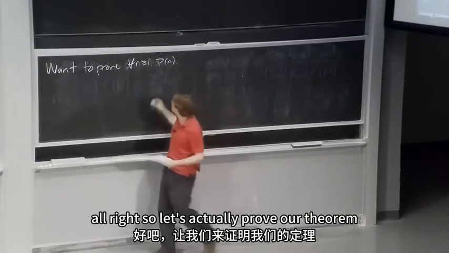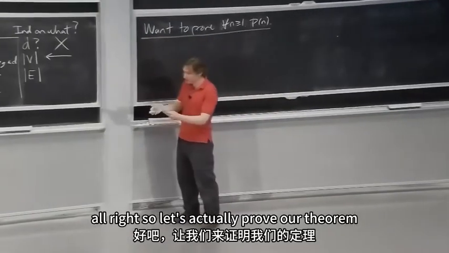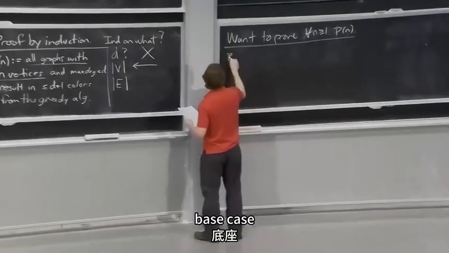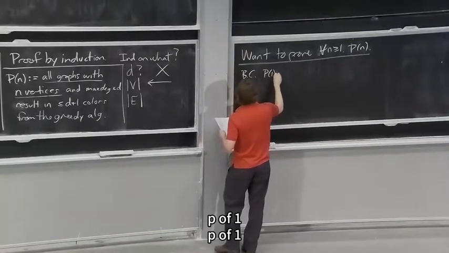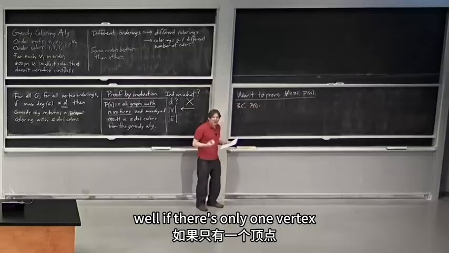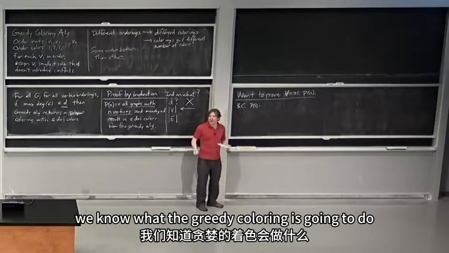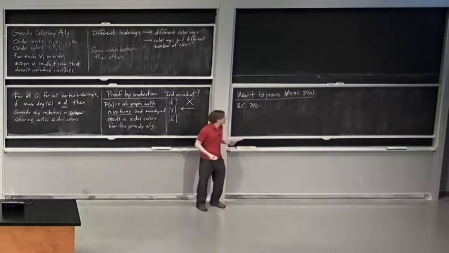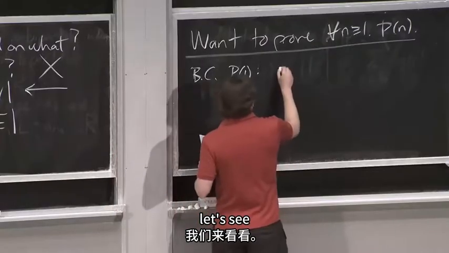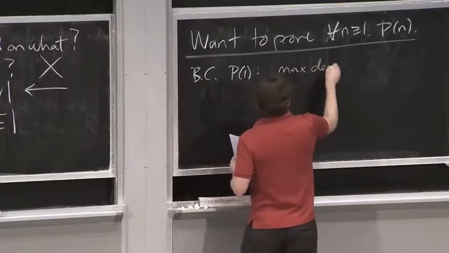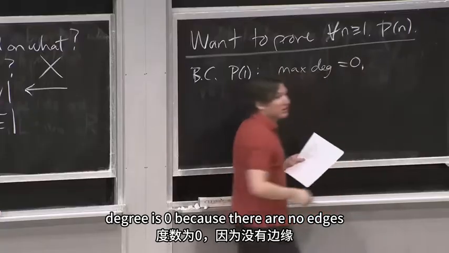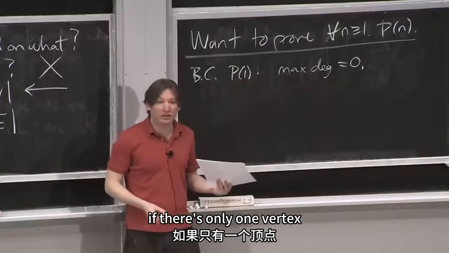All right, so let's actually prove our theorem. Base case, P of 1. Well, if there's only one vertex, we know what the greedy coloring is going to do. Max degree is 0 because there are no edges if there's only one vertex.